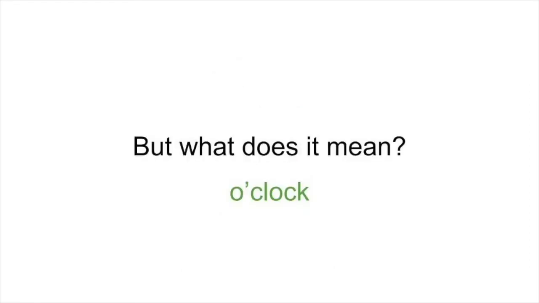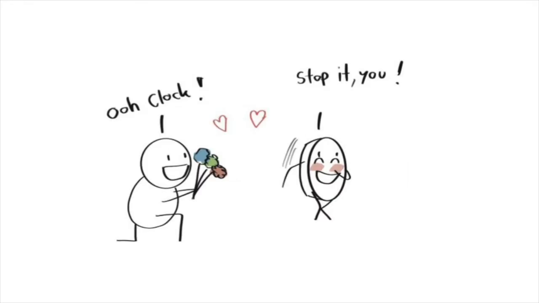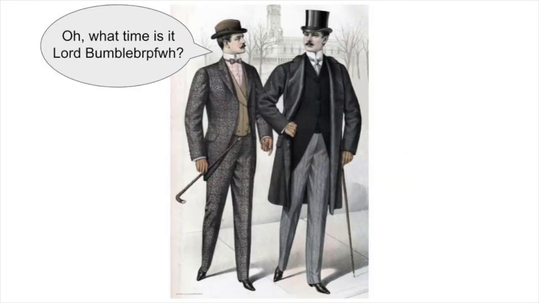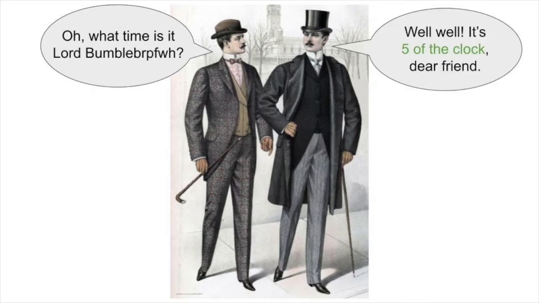But what does it mean, o'clock? O'clock means off the clock. A long time ago, when people were telling the time, they would say, it's 5 off the clock, for example, which is very long.